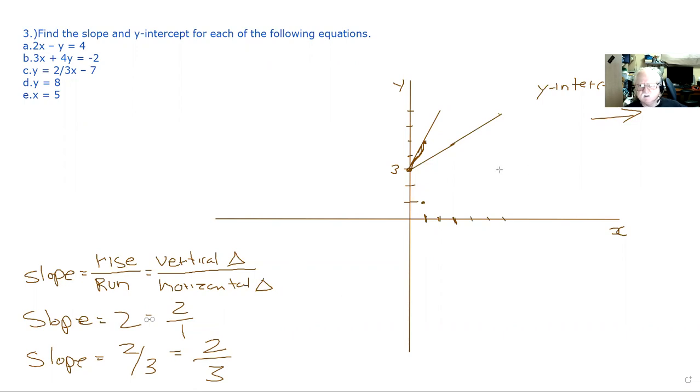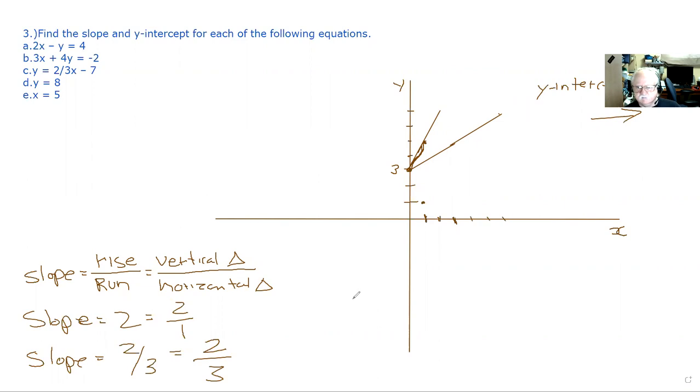So that's basically what we mean by the concept of intercept and slope. The intercept, think of the intercept as where the line starts, and think of the slope as the direction that it goes in. And when you're trying to interpret the slope, think of it in terms of rise over run, or vertical change over horizontal change.